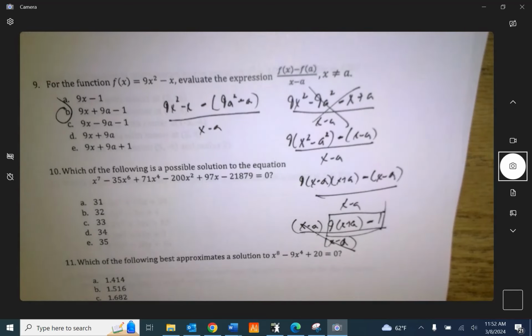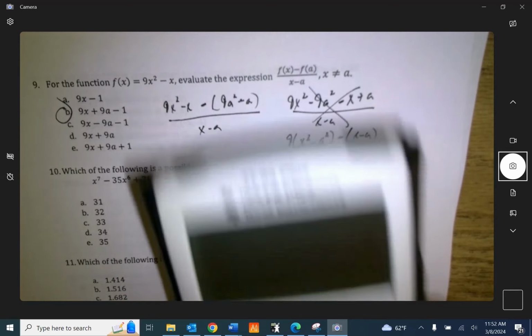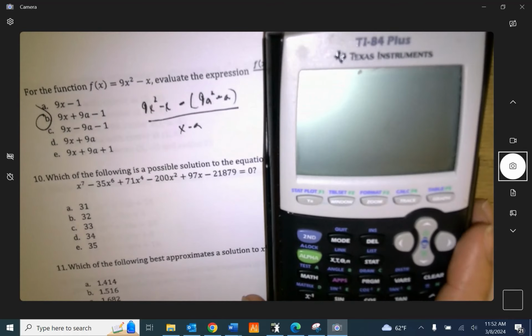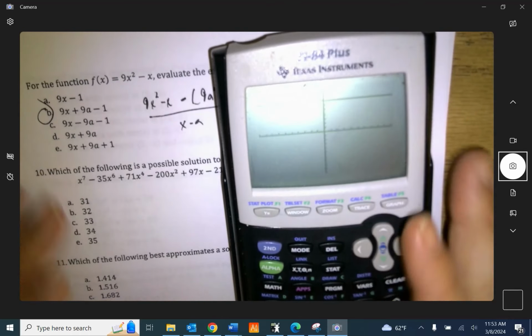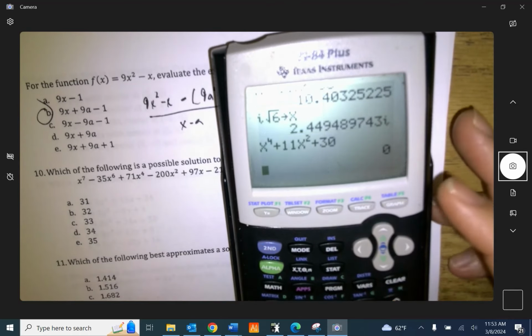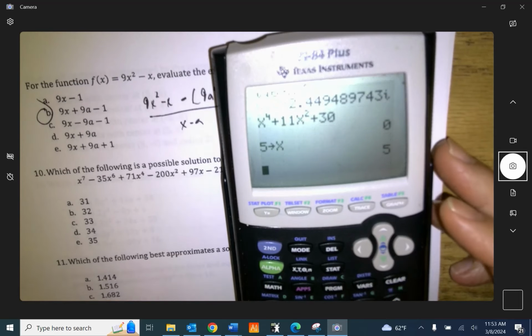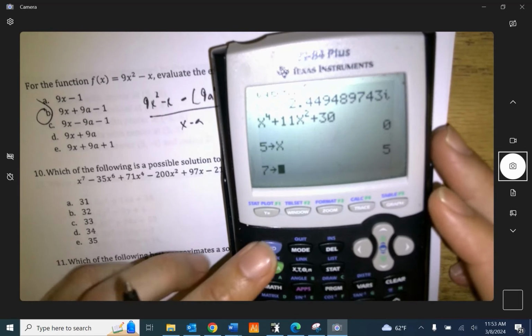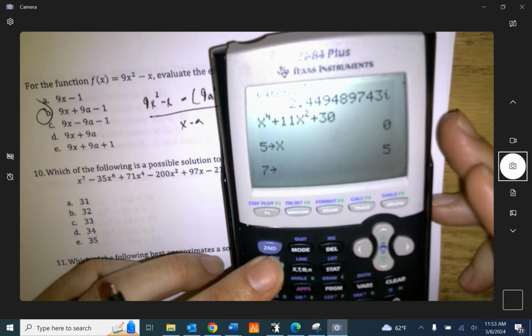Now, let's cheat. So, paid attention to that. Let's cheat. Let's take a 5 and store it to x. Let's take a 7 and store it to a. Where is that?